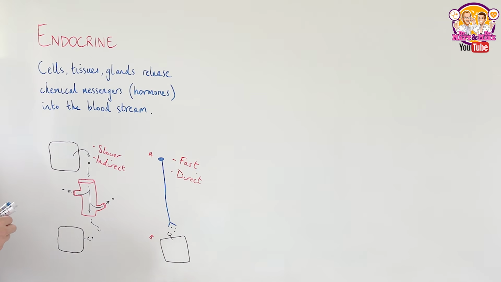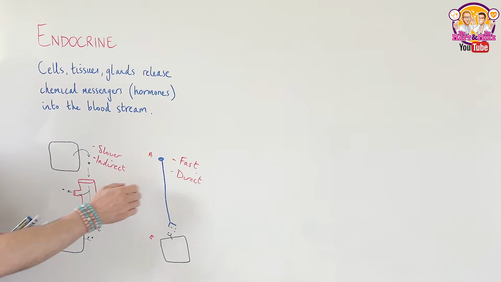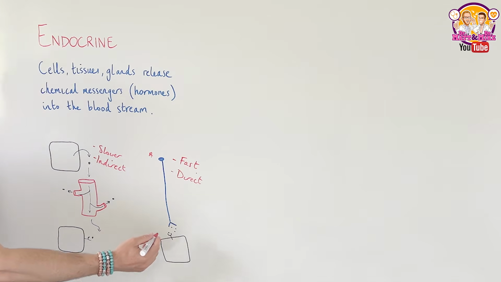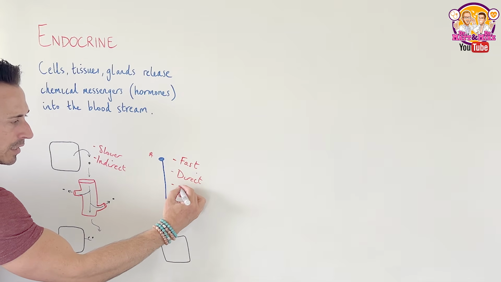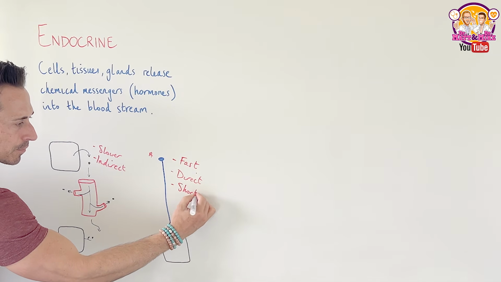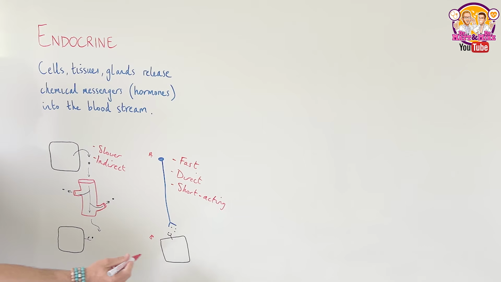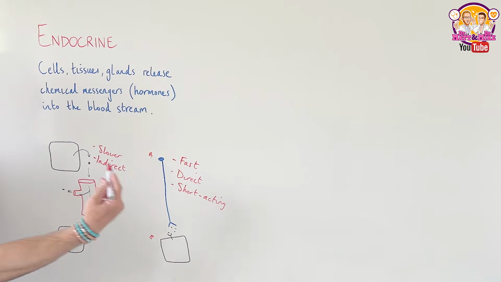A couple of other things is that when it comes to thinking about the acting time of the hormone, or in this case the neurotransmitter, it is short acting. So you release the neurotransmitter, it has its effect, it then gets recycled or gobbled back up by the cell or the neuron, and it's short acting.